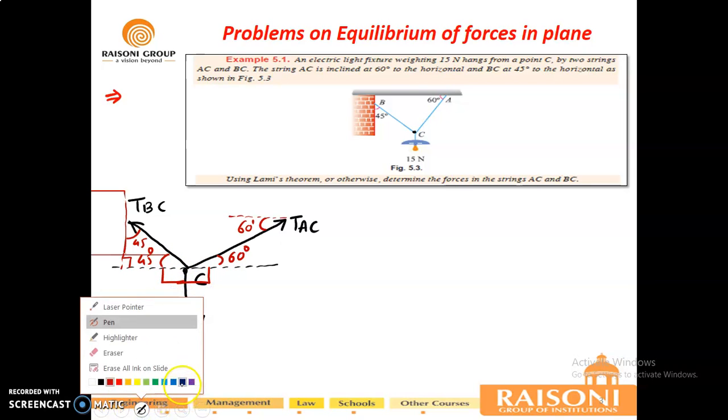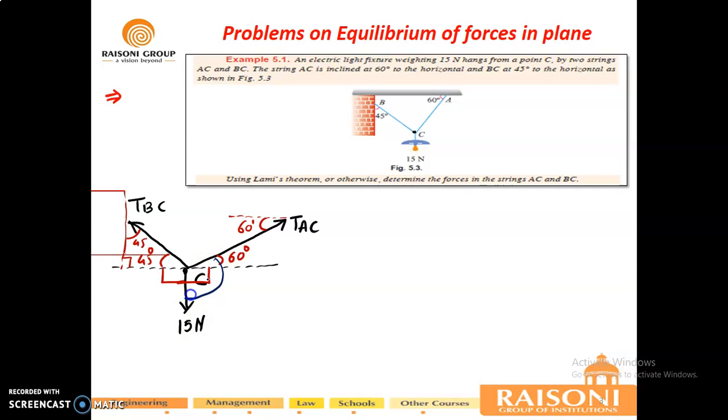So this entire angle is 90 plus 60, that is 150 degree. Let us say this is alpha. This is 90 plus 45, that is 135 degree, let us say beta, and you will get this gamma after subtracting these two from 360 degree. So 360 minus 135 minus 150 comes to 75 degree.